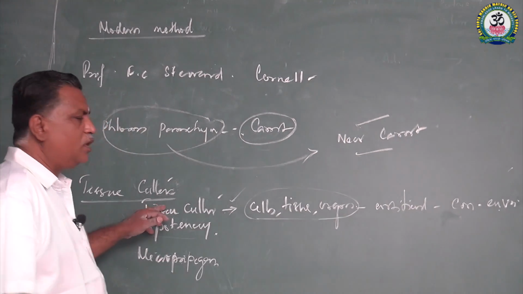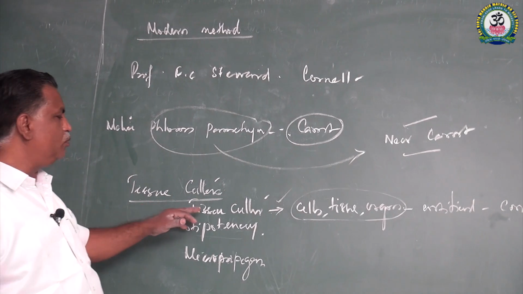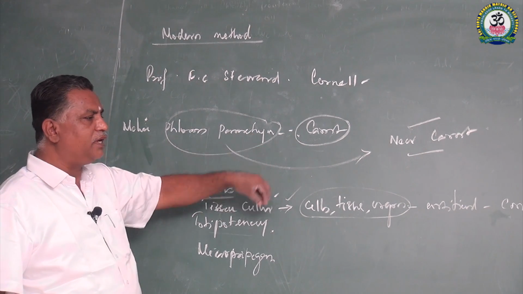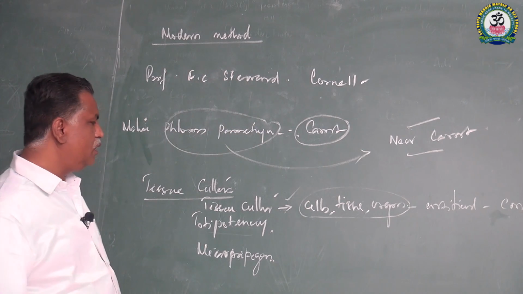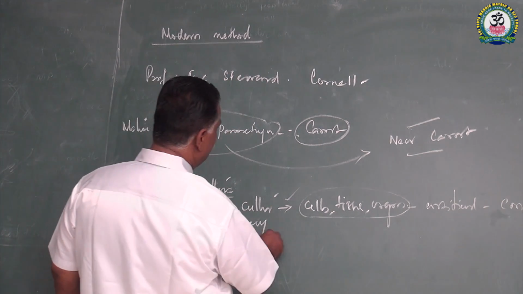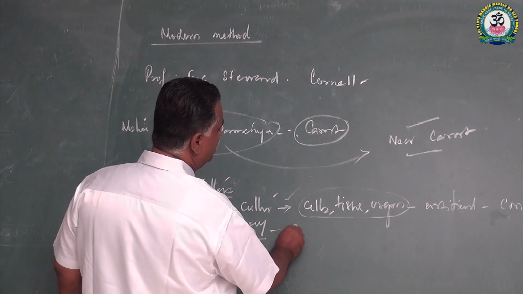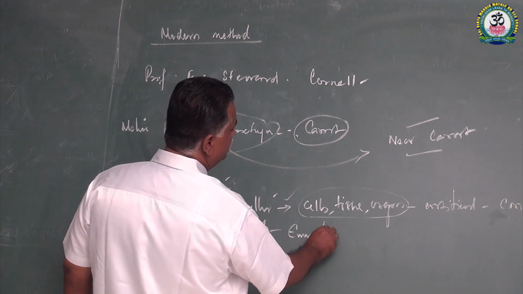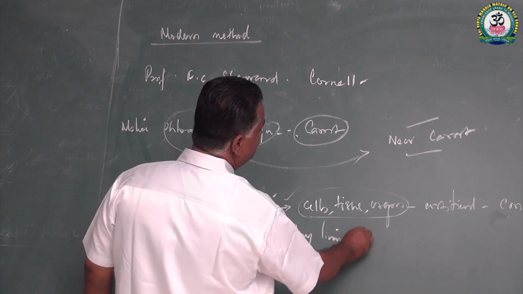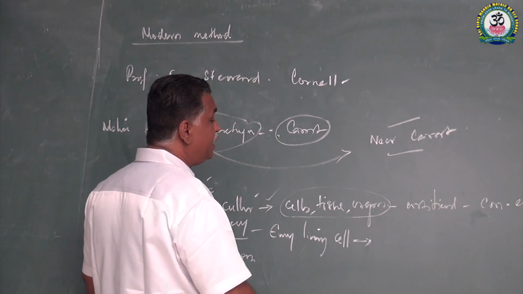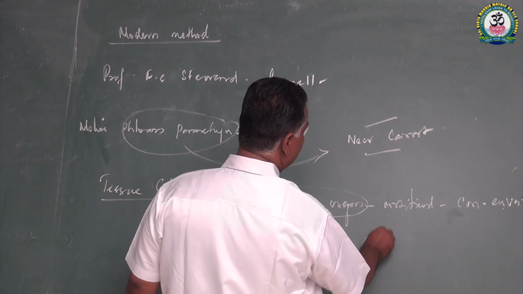So tissue culture is a modern method of propagation of plant in which the cells or tissues or organs of a particular plant are grown into a new plant, for which the concept of totipotency supports. What is totipotency? Every living cell is capable of having the inherent ability of producing the entire plant.